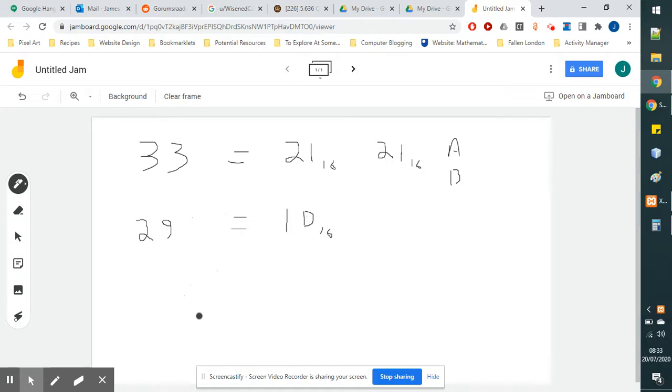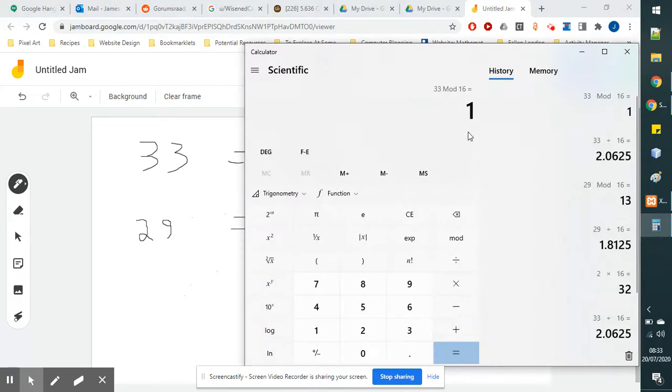Now, what mod does is it effectively says, what's the remainder? If I divide 33 by 16, what's the remainder? The remainder is 1. If I divide 16 by 16, so 16 mod 16, the remainder is 0.